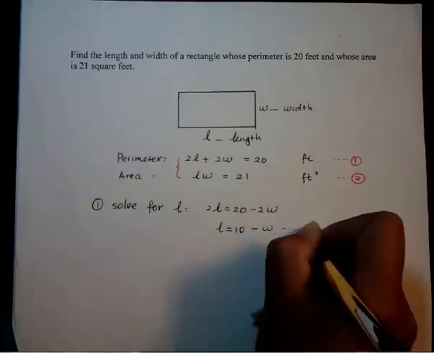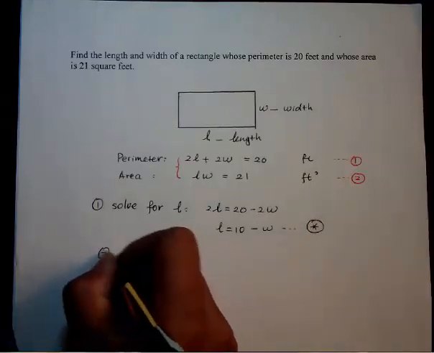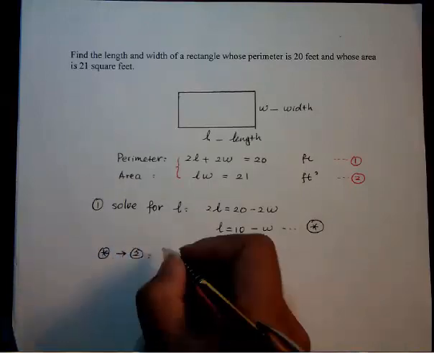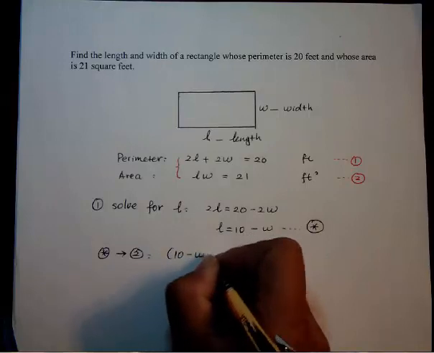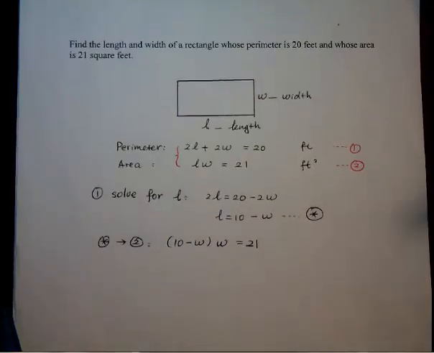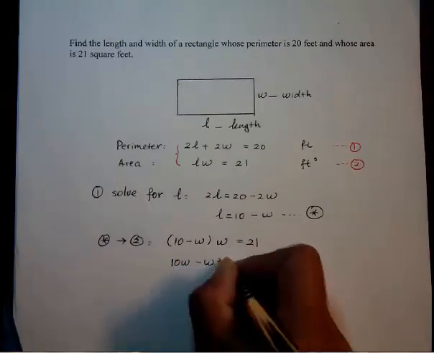Let me call this equation star. Equation star comes from equation 1. When we back substitute, we need to substitute back into equation 2. L is (10 minus W) times W equals 21. So then 10W minus W squared equals 21.